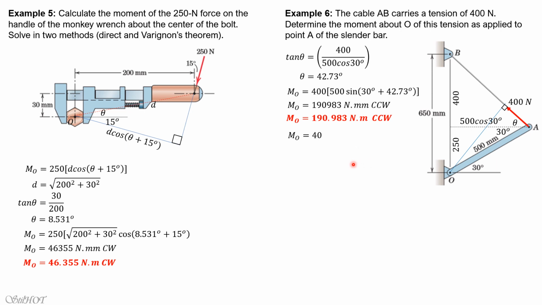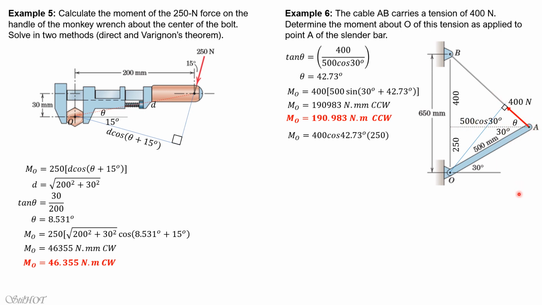By Varignon's method, MO is the horizontal component of 400, which is 400 cosine of 42.73, times the moment arm of 250, and that is counterclockwise. The vertical component is 400 sine of theta, and the sense is also counterclockwise because that's upward, so it will rotate this moment arm counterclockwise.